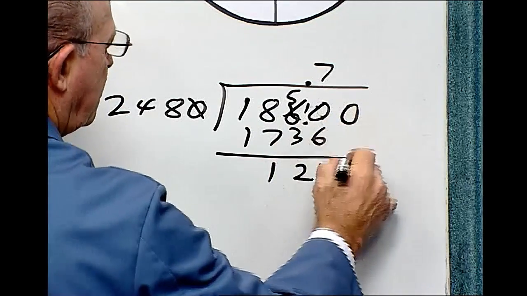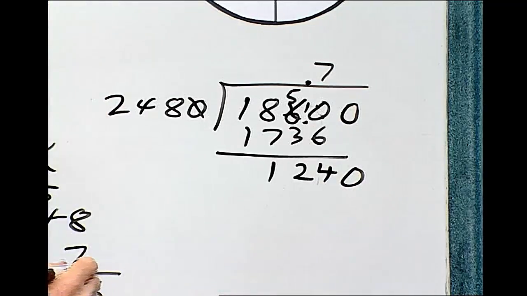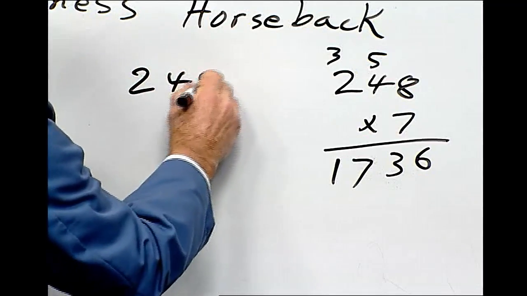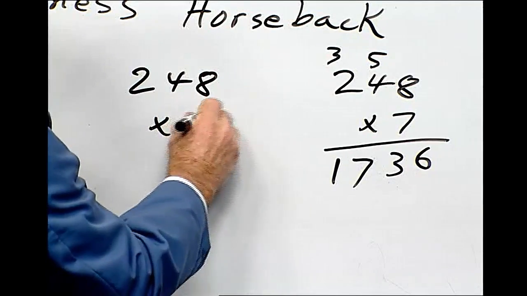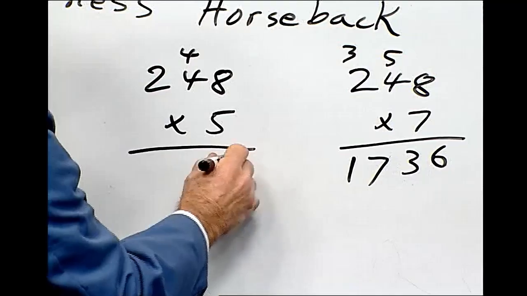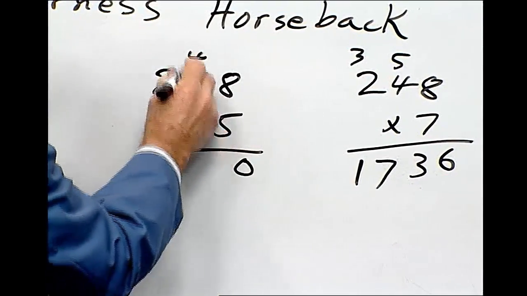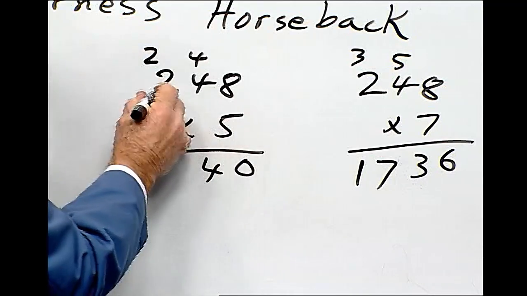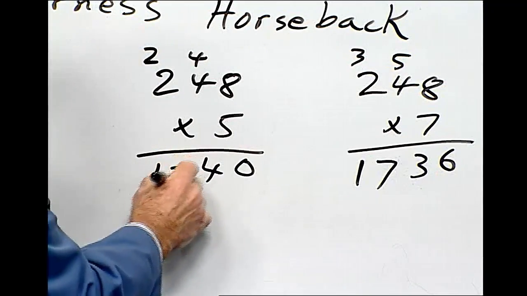Bring down a 0. That looks like it would go 5 times. 248 times 5. 5 times 8 is 40. 5 times 4 is 20 plus 4. Carry the 2. 5 times 2 is 10 plus 2 is 12.